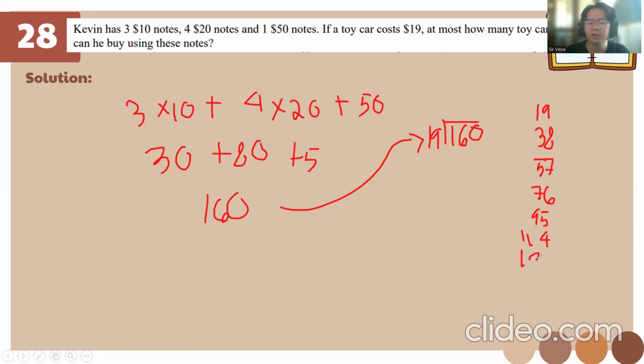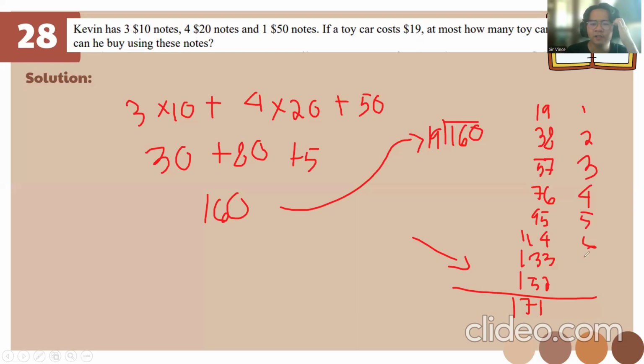Then 133. Then 152. Then 171. So it exceeds here. So we'll be using this. Counting 1, 2, 3, 4, 5, 6, 7, and 8. So 8 toys we can buy all in all.